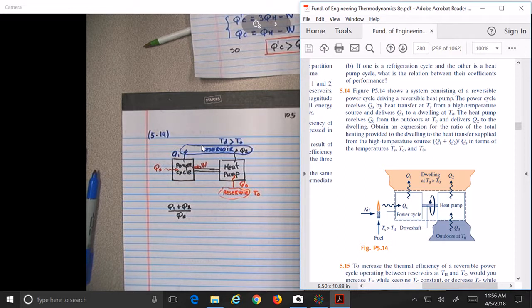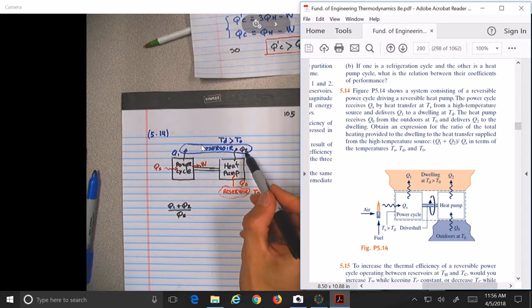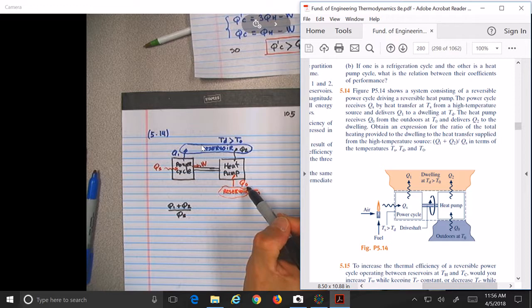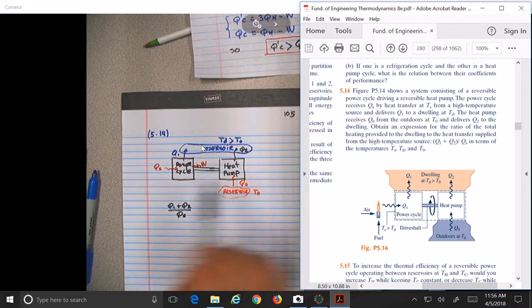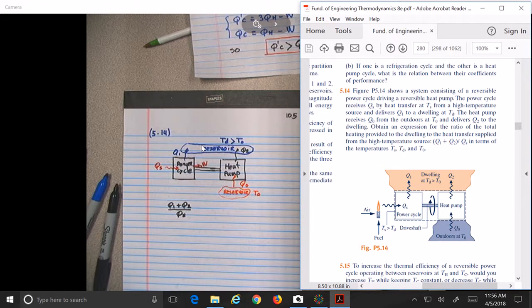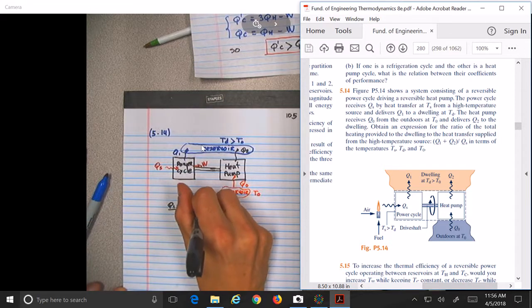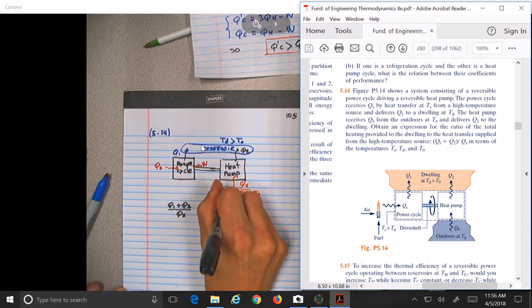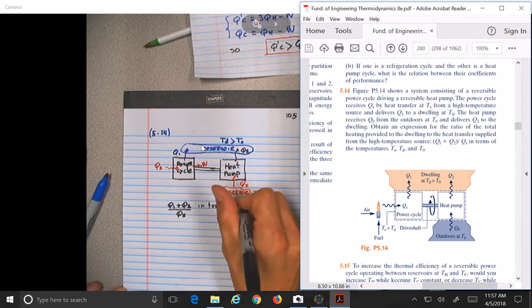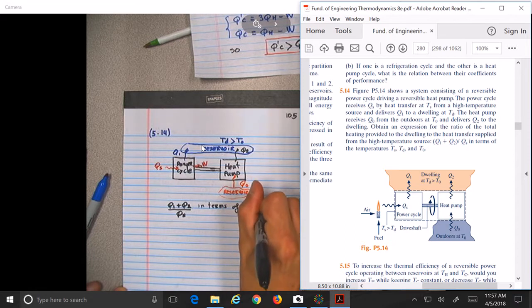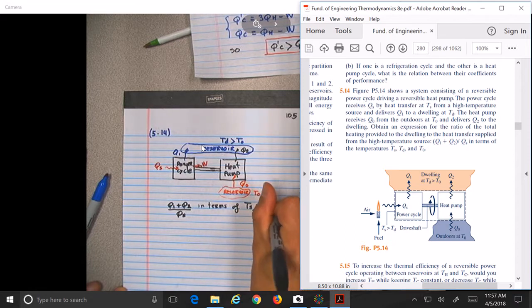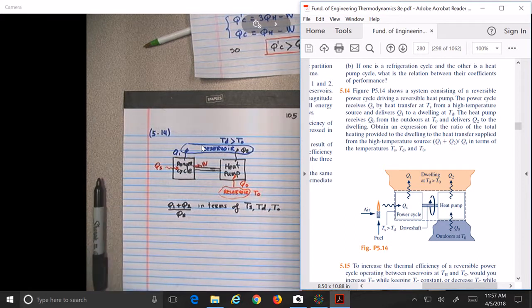Yes? What is the subscript of the Q into the heat pump? Q sub 0. So again, that's one of those problems. Find an expression for this in terms of Ts, Td, and T sub 0 or T naught.